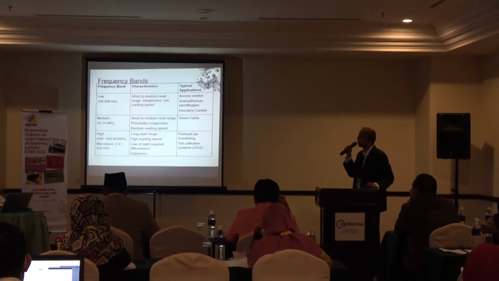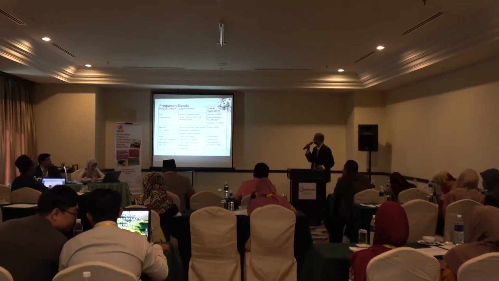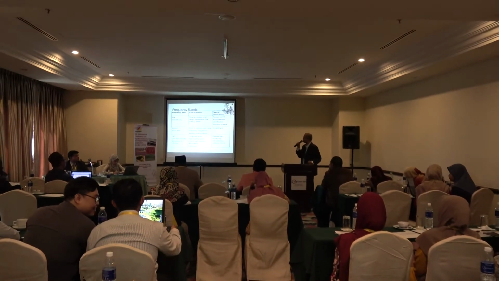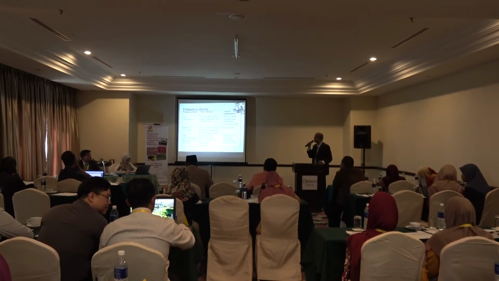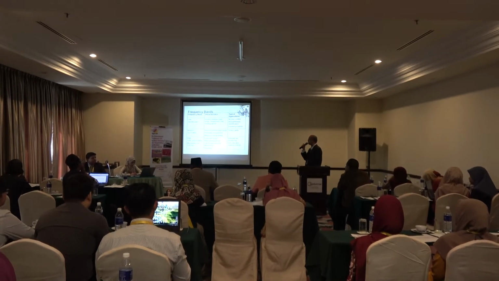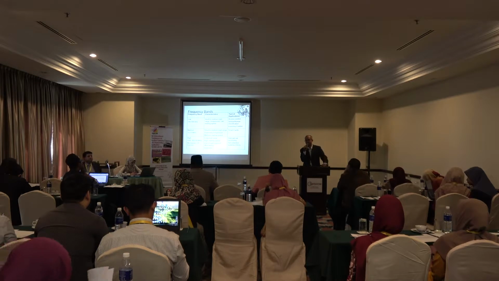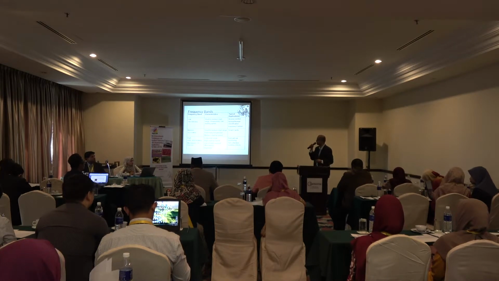The medium frequency is also short to medium range. High frequency is long range, so you can reach the tag from the receiver at long range. Our target for this project is maybe to use high frequency, UHF.